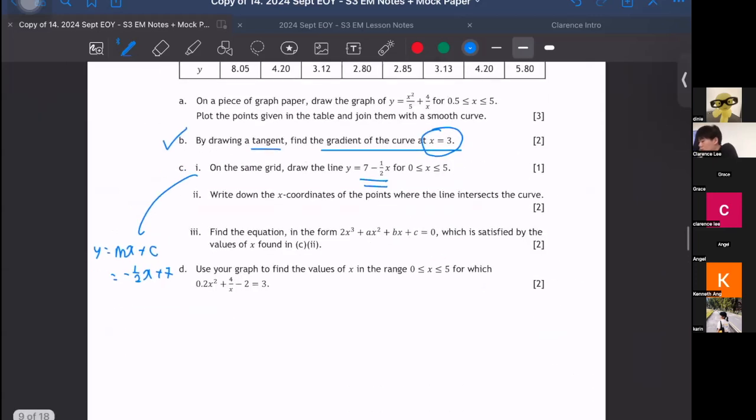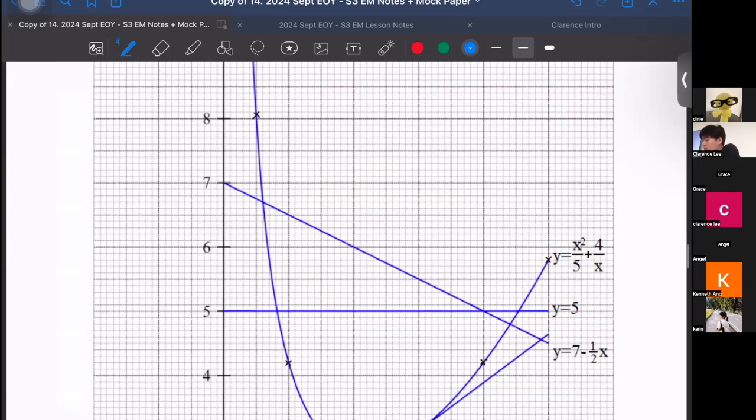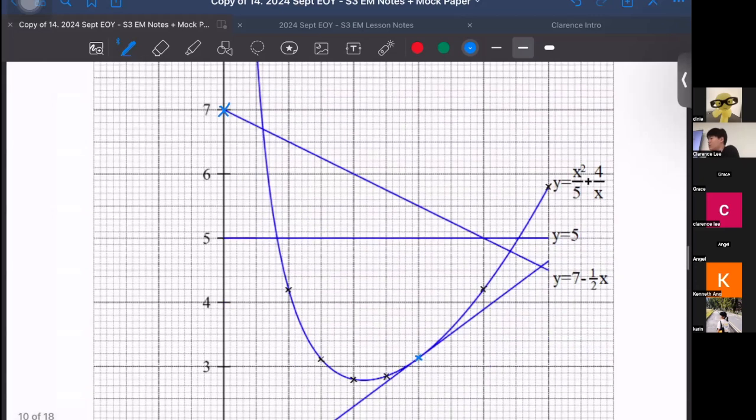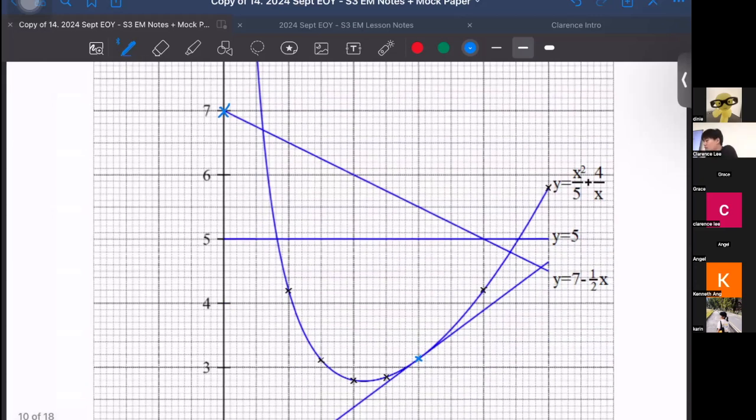So from this equation straight away, you look at the graph, you have 1 point, the y-intercept. How to find the other point? You just let x be any value you want, sub in, find y, connect the two dots. Because for a straight line graph, you just need two points to connect it. Not like a curve, where you need a few points. So for a line, you find 2 points, you connect the dots, you get the answer. Okay?